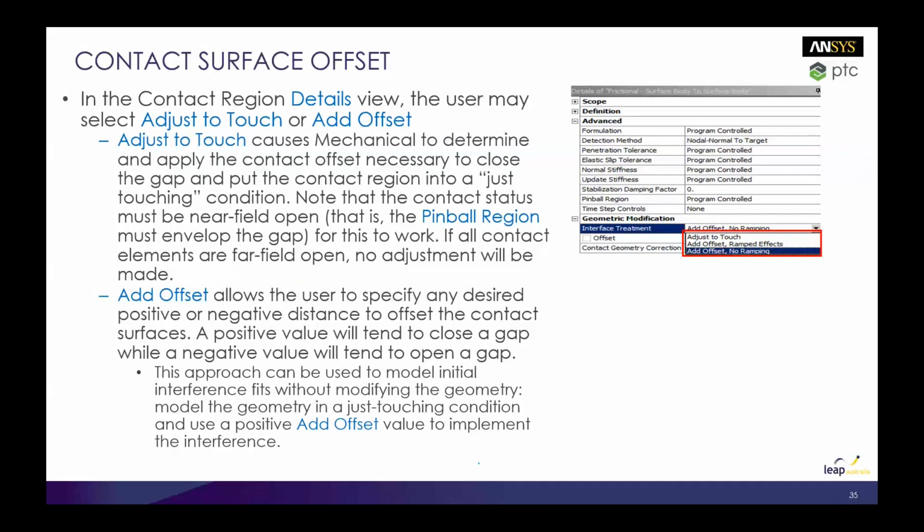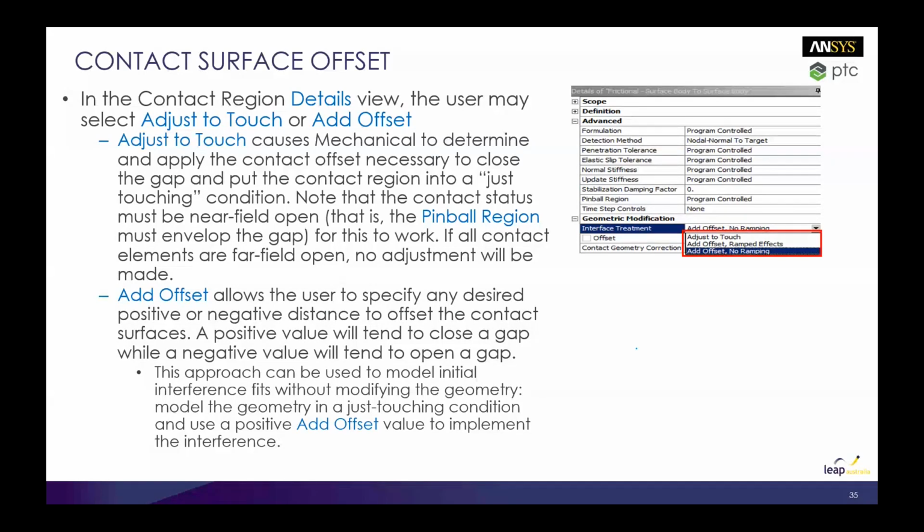The nodes need to be within the pinball for that to happen. It's usually used for small adjustments, as you might have differences in size because of the way you've modelled in CAD.